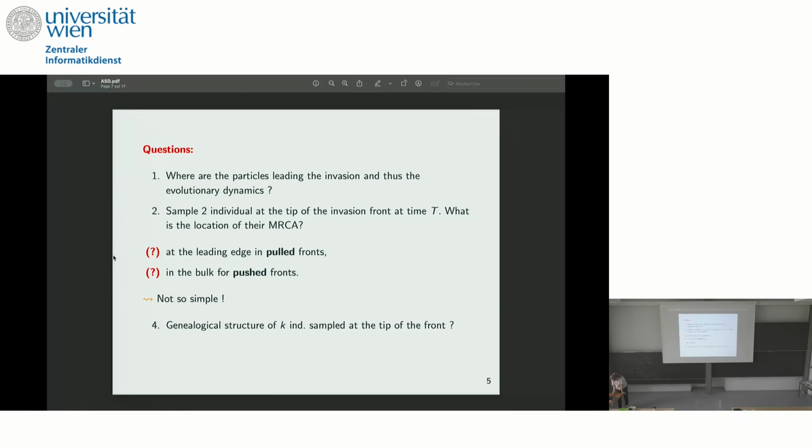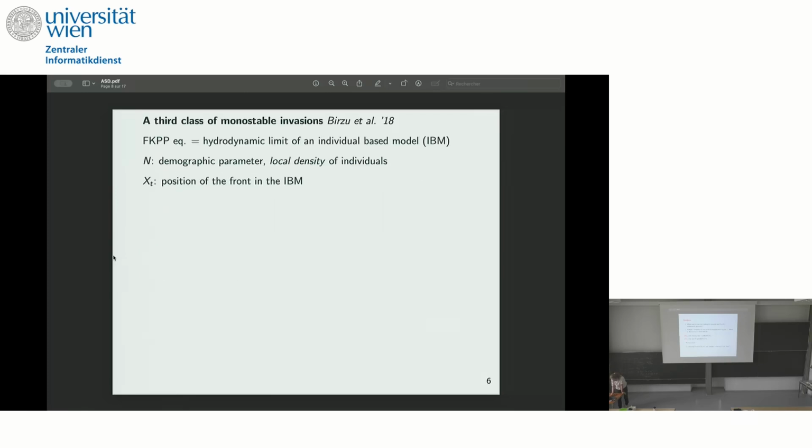And the first reason is that there is actually not only two regimes for FKPP invasions, but three. So the FKPP equation, you can see it as the hydrodynamic limit of some class of individual-based models with particles, in which you let the local density tend to plus infinity.